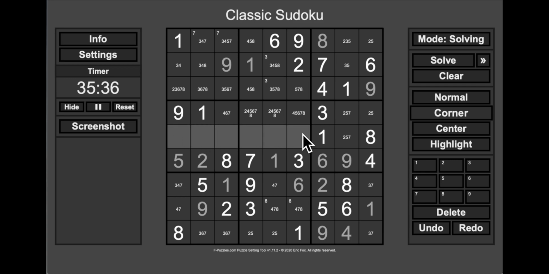No, these ones are not 1 or 8. Okay, none of these are 2, 5, or 9. That one isn't 3, 7, or 9.